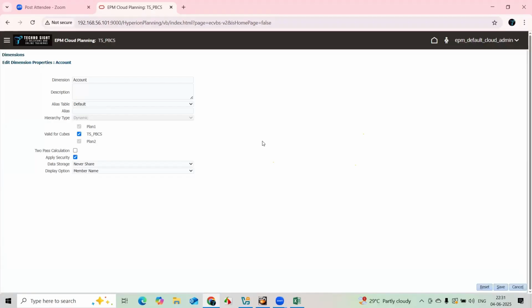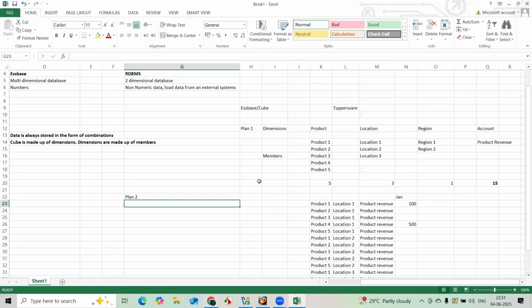It means creating only once but using it in multiple cubes. Correct. Regarding data storage: if you create the storage in plan one and use it in plan two, both data will be stored, but only in the one account? For example, the dimension can be the same, so the account dimension will be there.